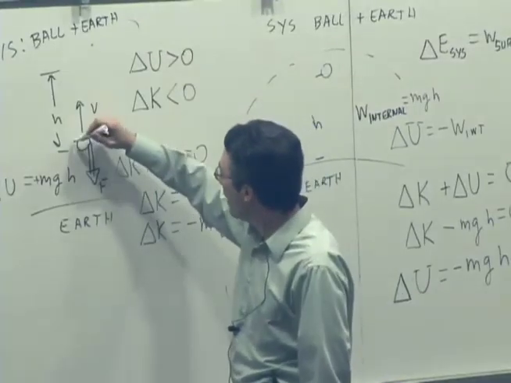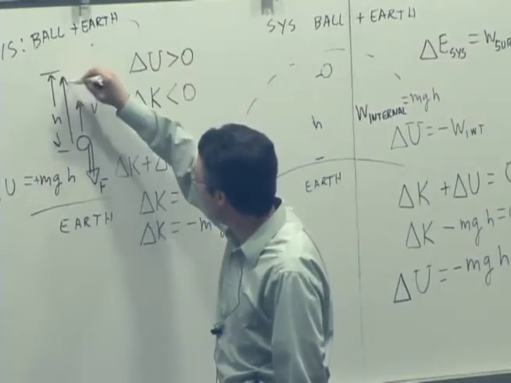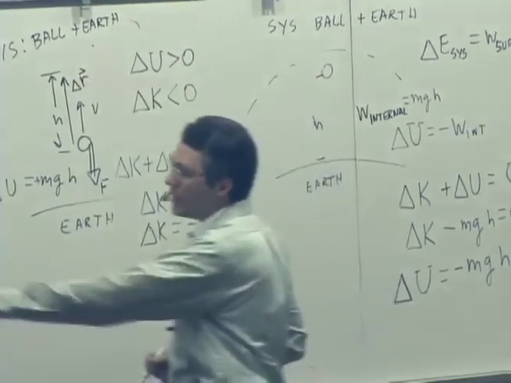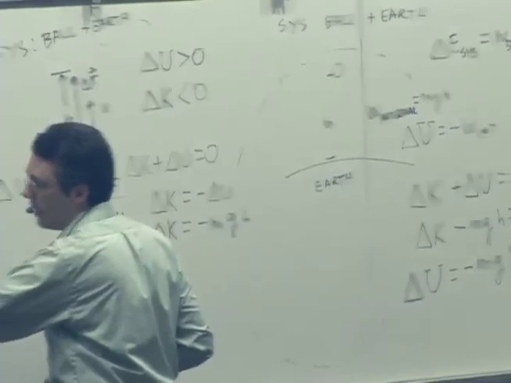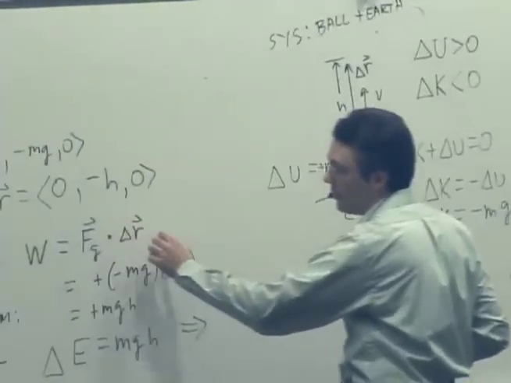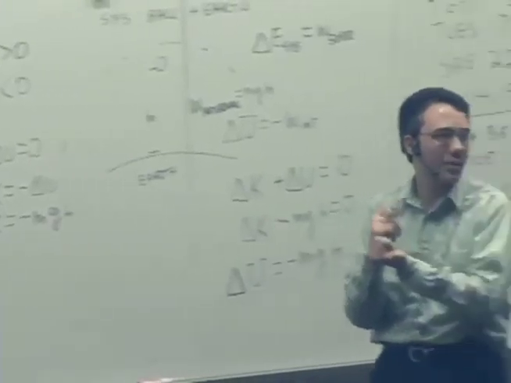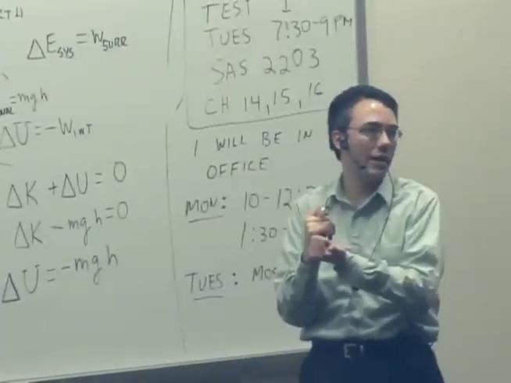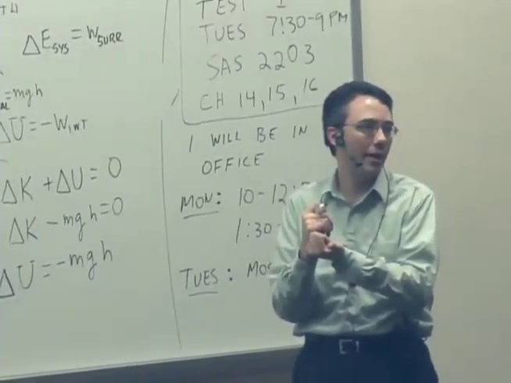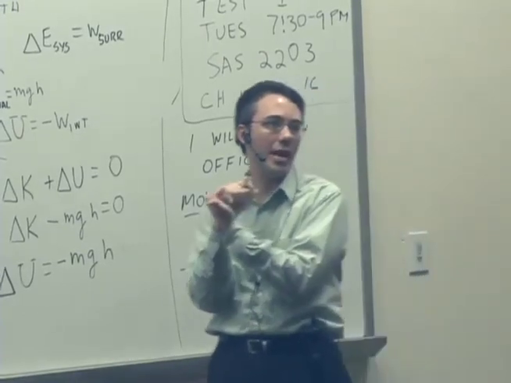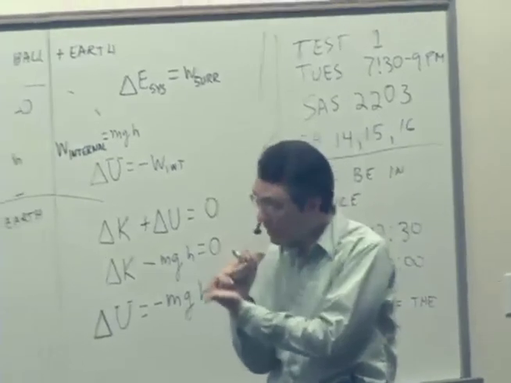The displacement is upward, so that's our delta R in this case. You take the dot product of the force and delta R. If those two vectors are in opposite directions, then the work is going to be positive or negative? Two vectors in opposite directions, take the dot product, gives you negative, right?